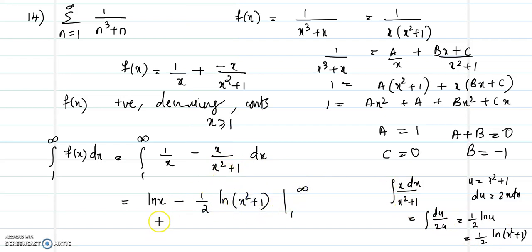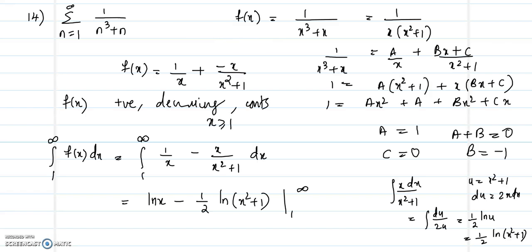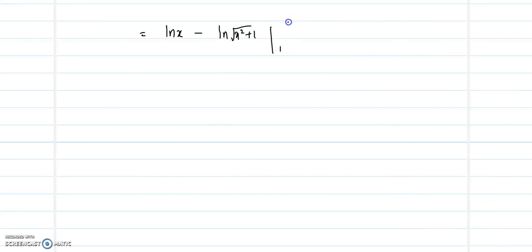to infinity. Now this will be equal to log x minus, now 1 by 2 can be taken as exponent, so we will get log of root of x square plus 1 from 1 to infinity.